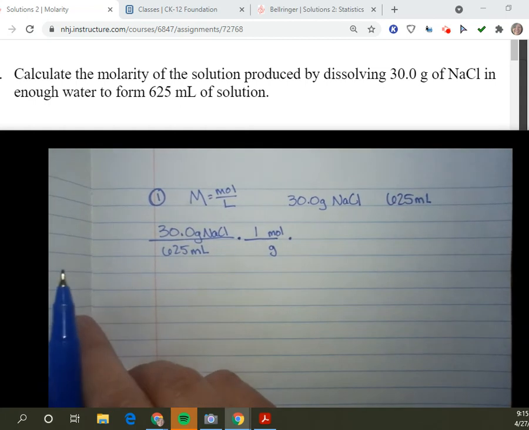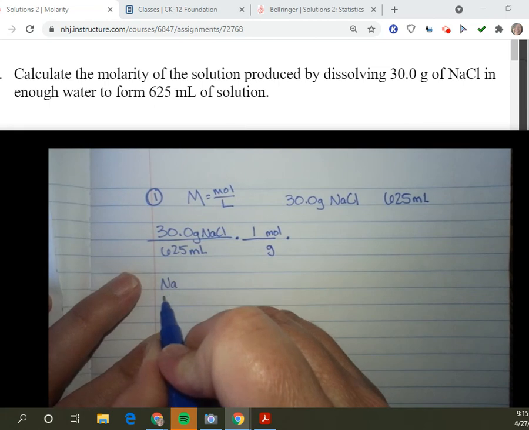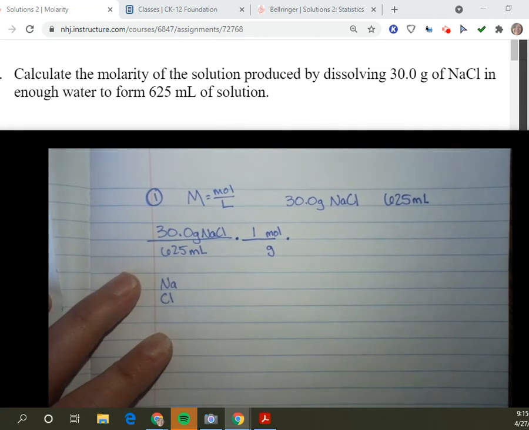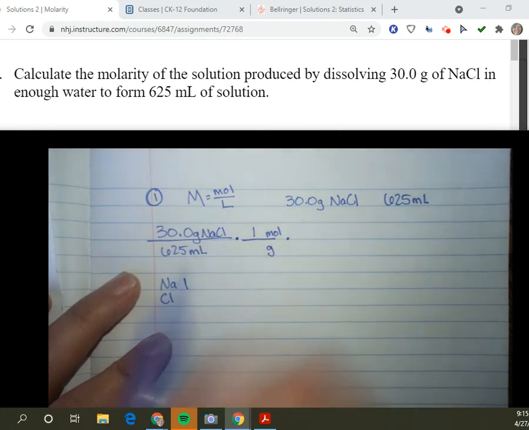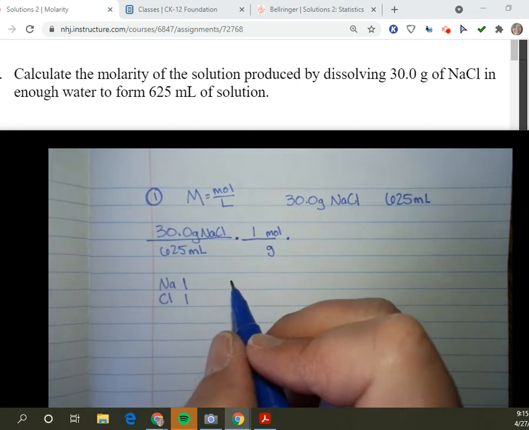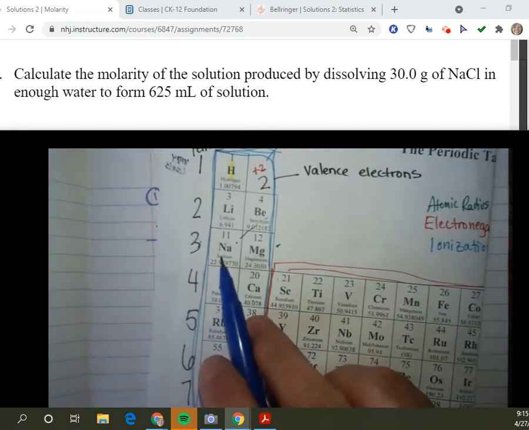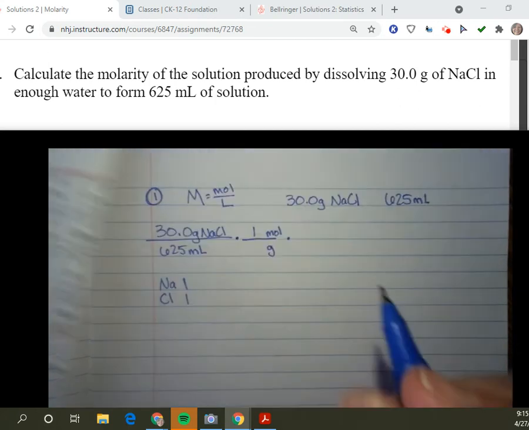So I'm going to pull out my periodic table and calculate molar mass like we've done a ton of times. I look at sodium chloride, I see 1 atom of sodium and just 1 chlorine. Come back to my periodic table. Sodium has a mass of 23.0.